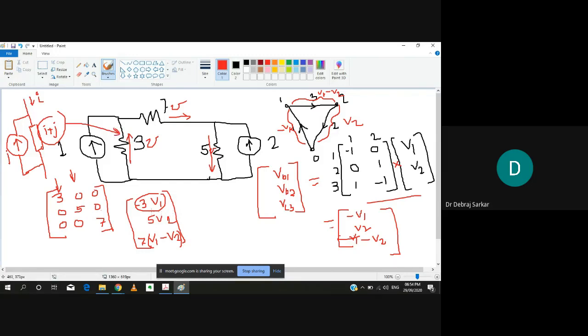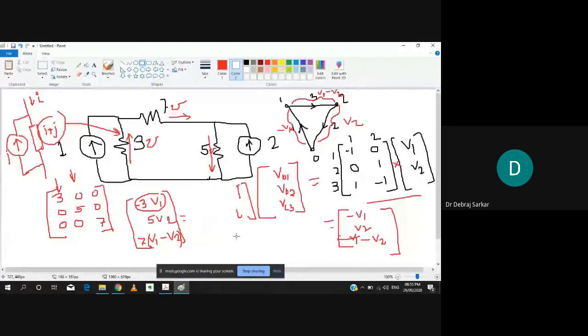So this minus 3 V1 matrix is nothing but an I matrix and a J matrix. We'll talk about what the I matrix and the J matrix are here. But till now, is it okay? Yes, sir. Anyone having a doubt, please tell me.